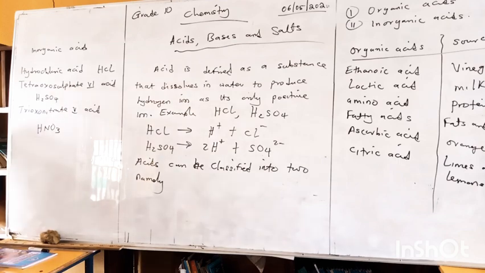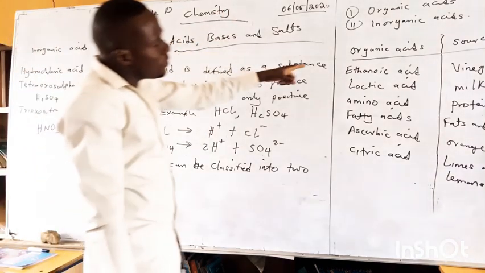We call them inorganic acid because they are gotten from the chemical combination of elements, while organic acids are actually gotten from animals and plants.